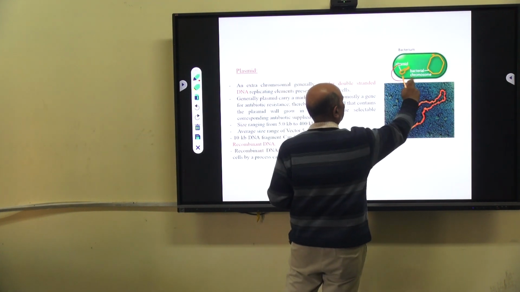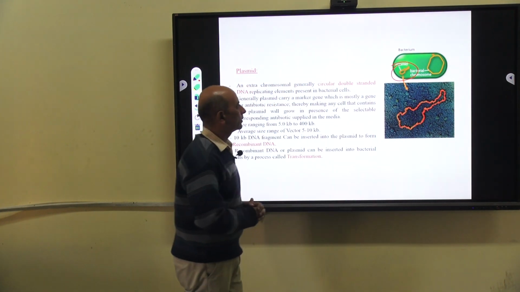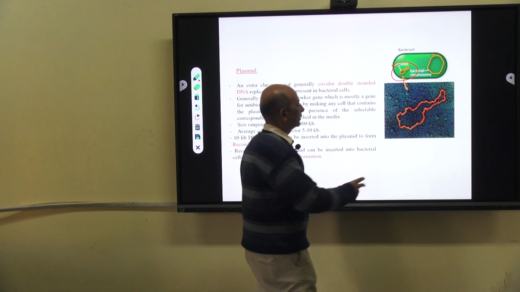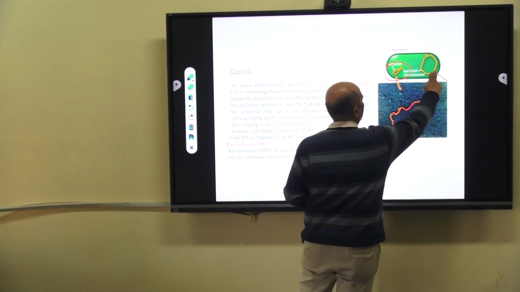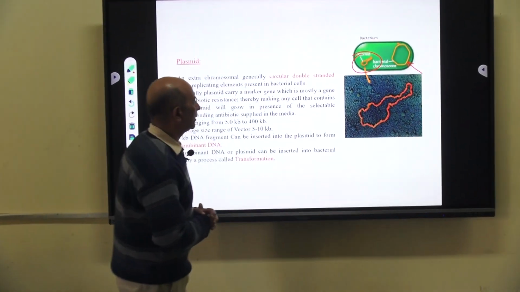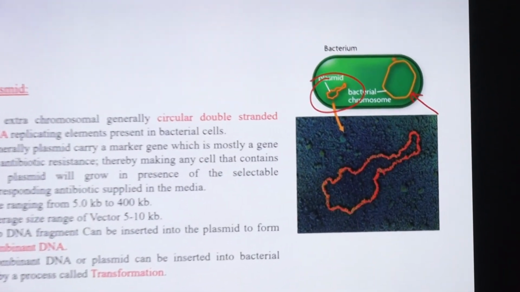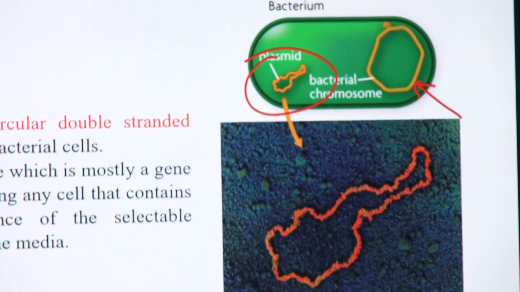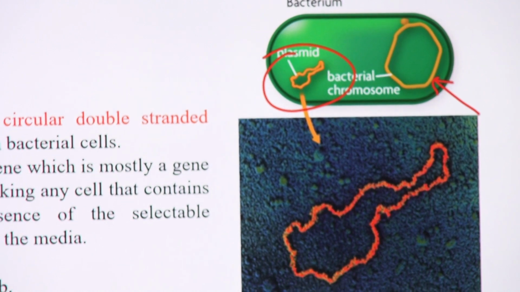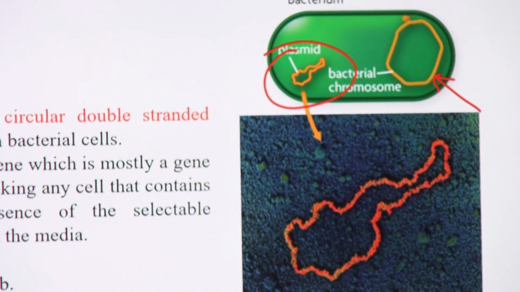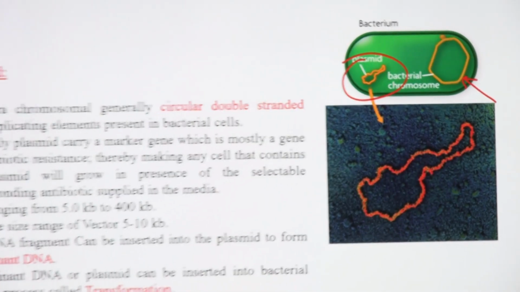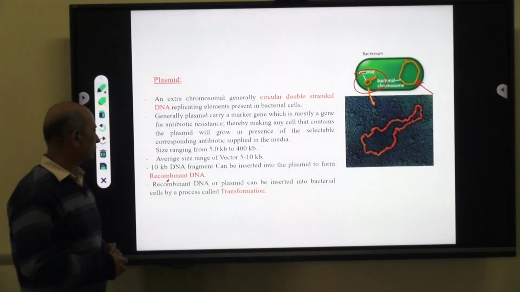This bacterial plasmid is an extra chromosomal DNA. The chromosome is separate, and the plasmid DNA can be extracted from a bacterium. It can be manipulated in different ways, and this can be used to carry a foreign DNA to produce a recombinant DNA and further its transformation.